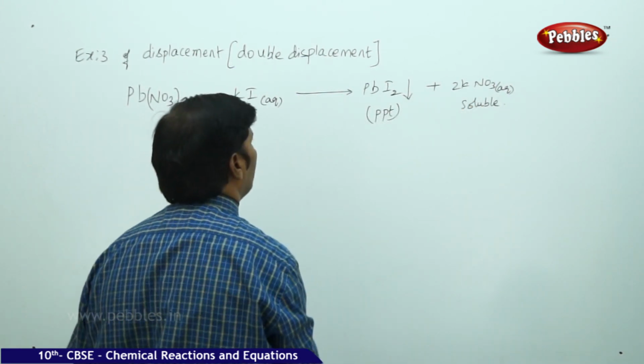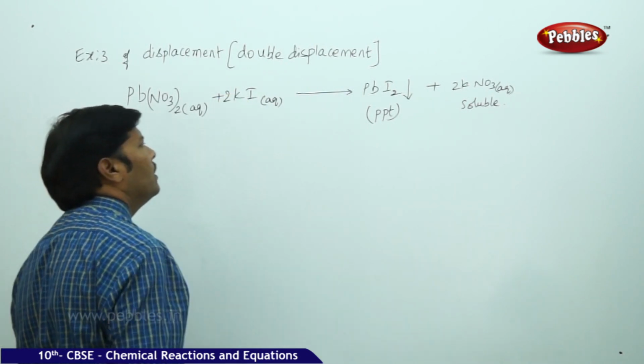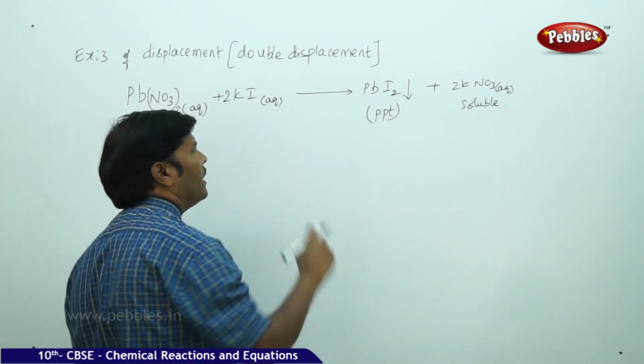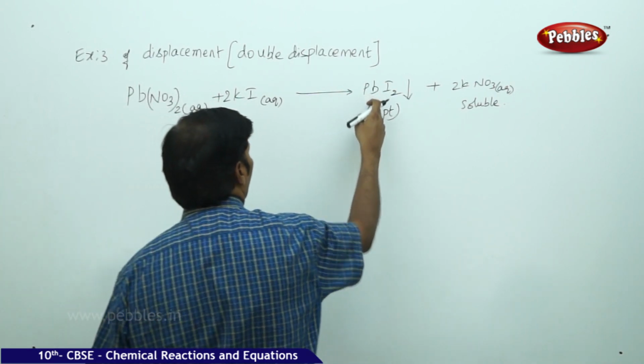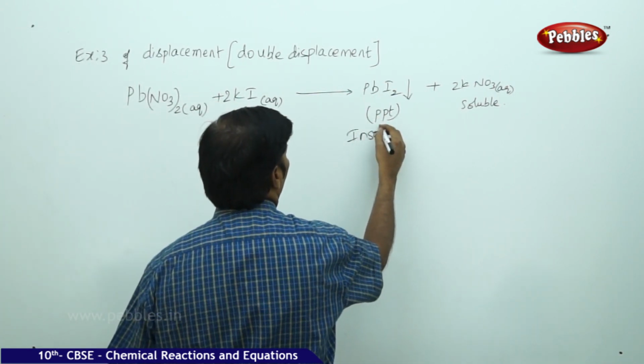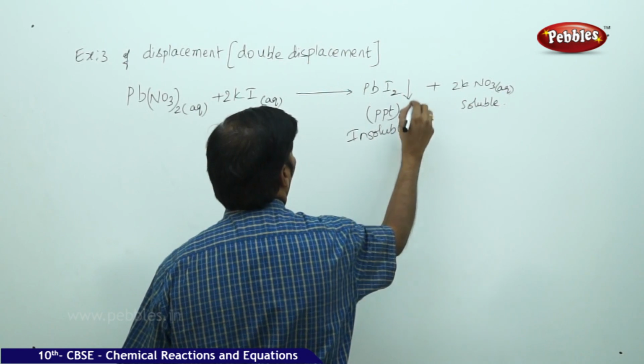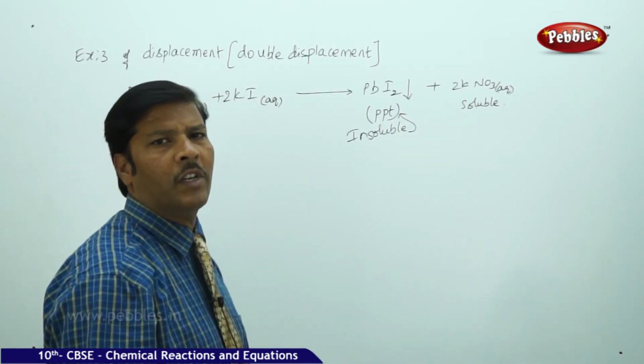Of course you need to balance the equation. It is very clearly understood that lead iodide forms an insoluble precipitate.